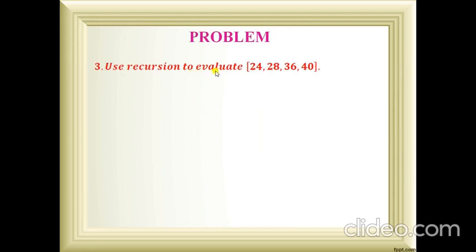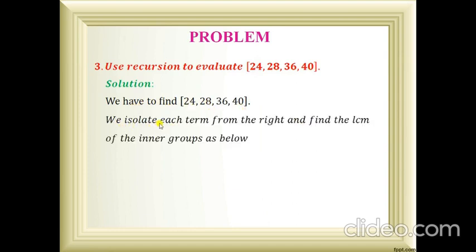Use recursion to evaluate. In GCD also we have seen more than 2 terms, which means we are using recursion. Here also 4 terms are given, so in this we need to find the LCM. We isolate each term from the right and find the LCM of the inner groups as below.